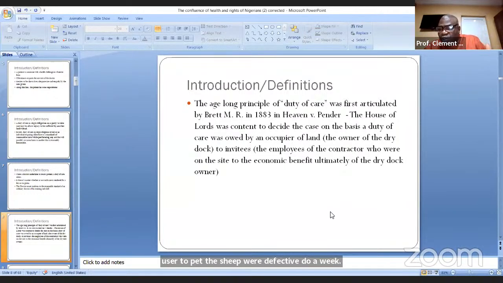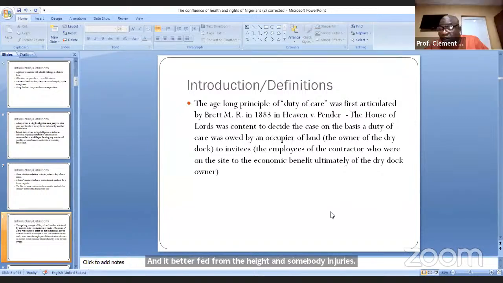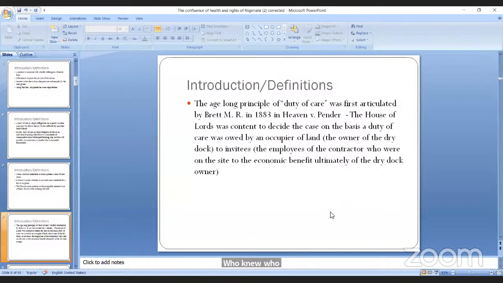So the painter, using that rope, the rope snapped and the painter fell from a height and suffered injuries. So it was said that the owner, who should have looked at the rope and been sure that it was safe to use for the painting job, was found guilty.